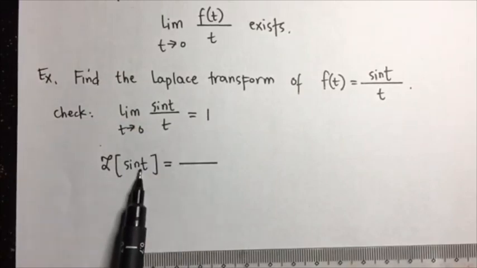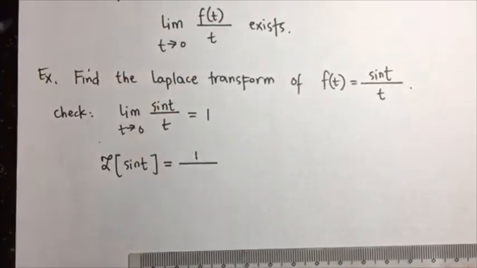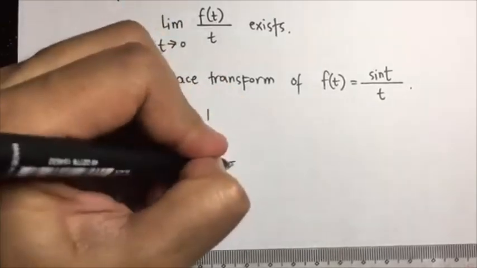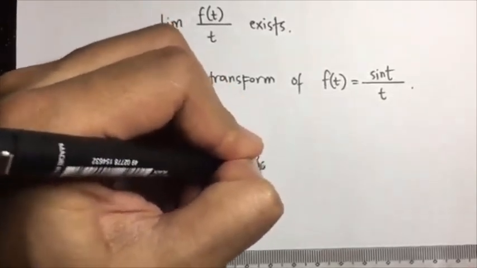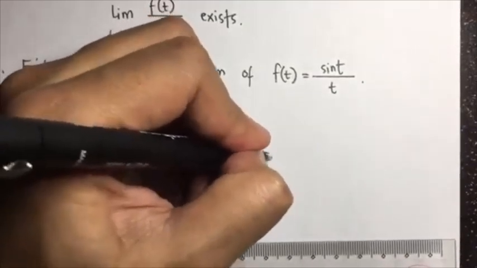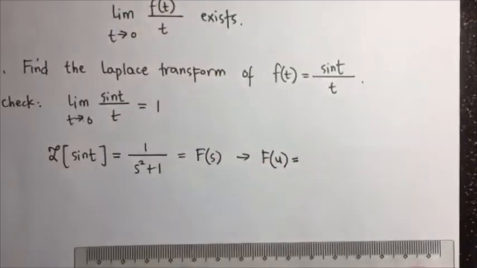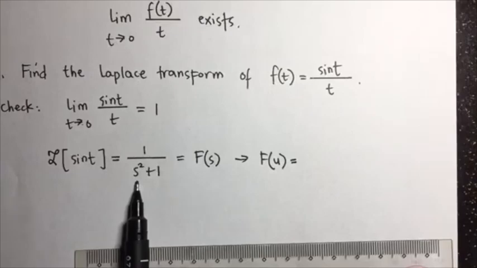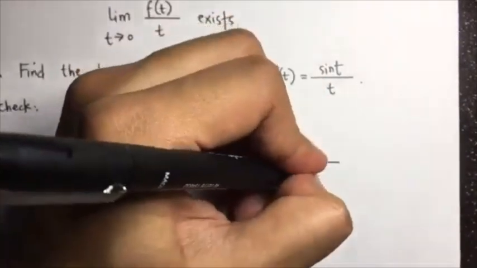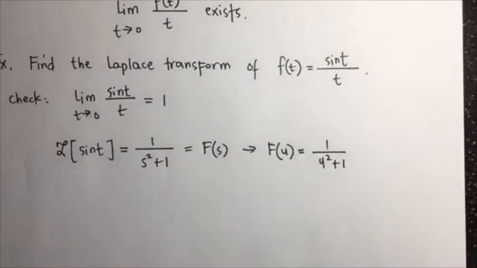Here our omega is equal to 1, so we will have 1 over s squared plus 1 squared, that is 1 over s squared plus 1. This is now our F(s). Since we need to find F(u), all we need to do is replace s with u. So our F(u) is equal to 1 over u squared plus 1.